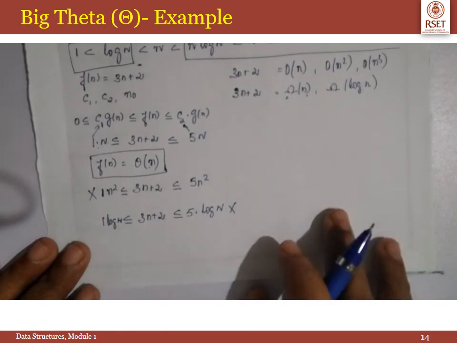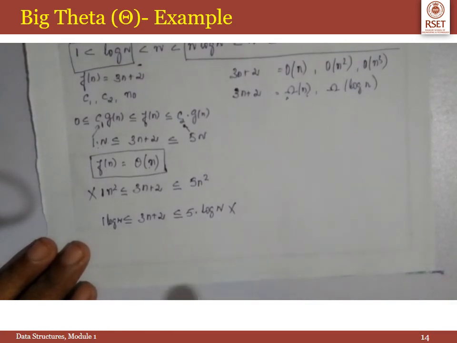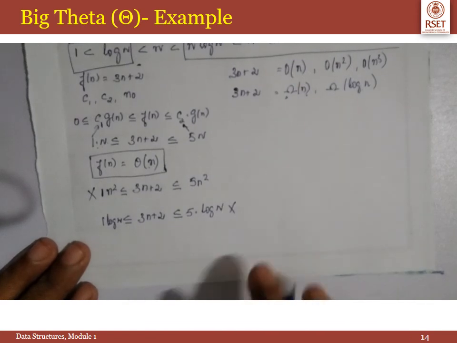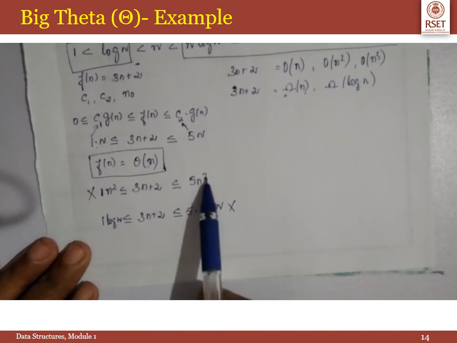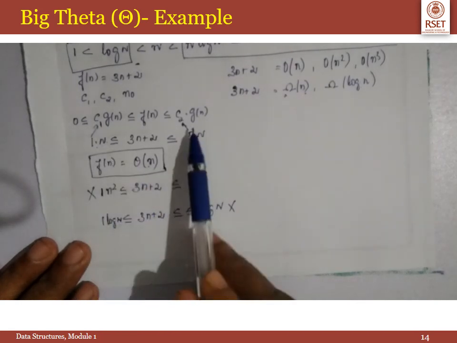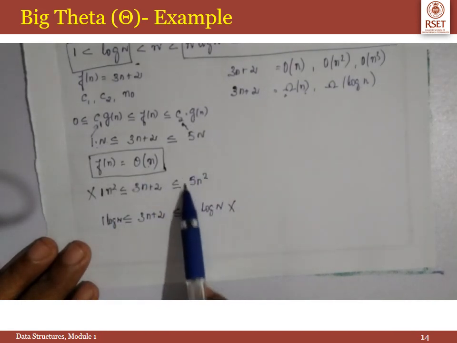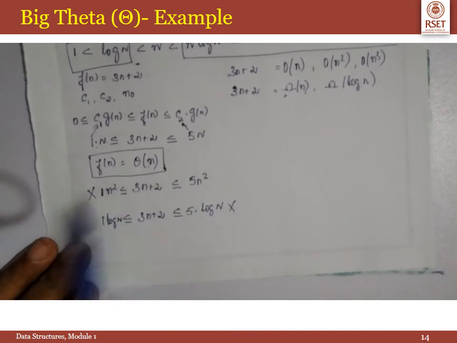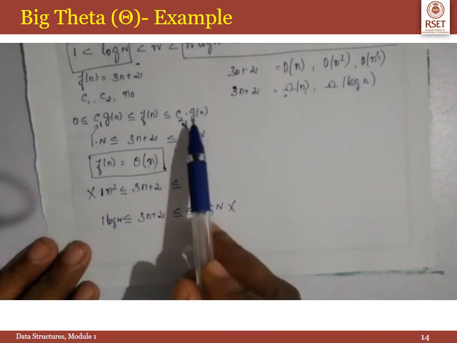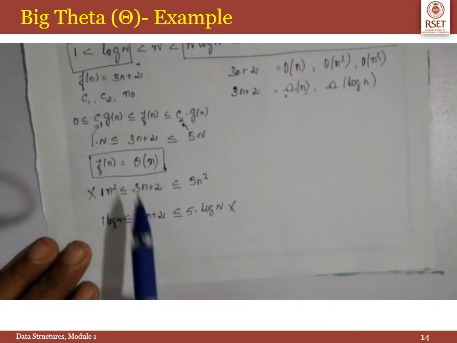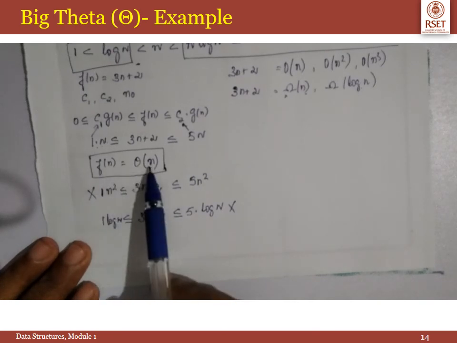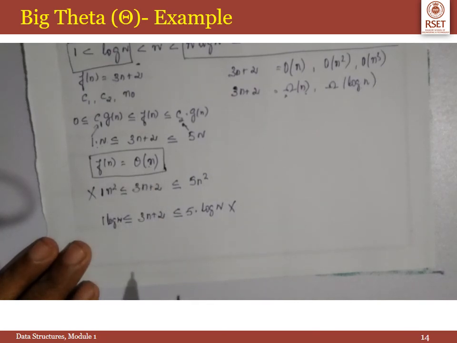That is why we consider theta to be the most accurate case, because it will give you a more accurate value. If I take the value of g of n as n square, this half will be okay, but it will fail on the left hand side. If I take the value of g of n as log n, this half will be okay, but it will fail on the right hand side. Or you are forced to stick to the value of g of n as n, right?